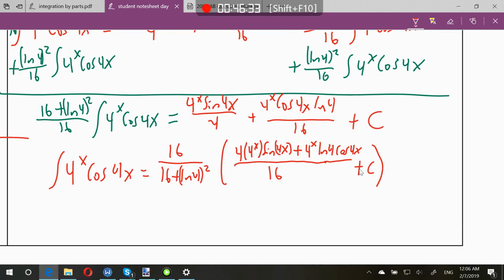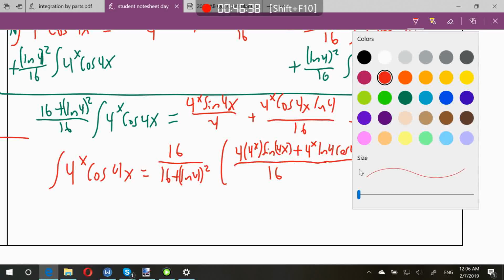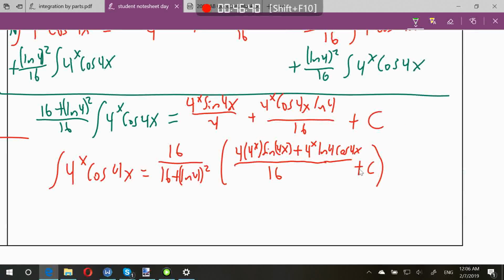Okay, plus c. So my 16s on top and bottom will cancel, and that leaves me with my final answer.